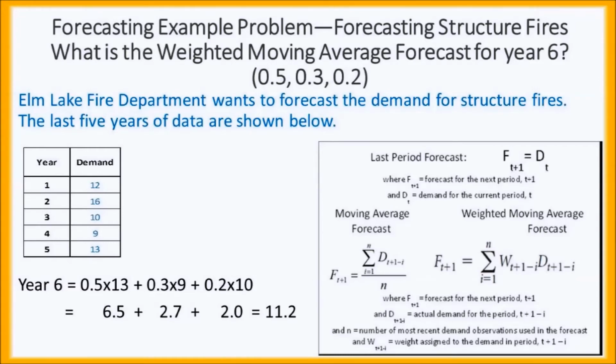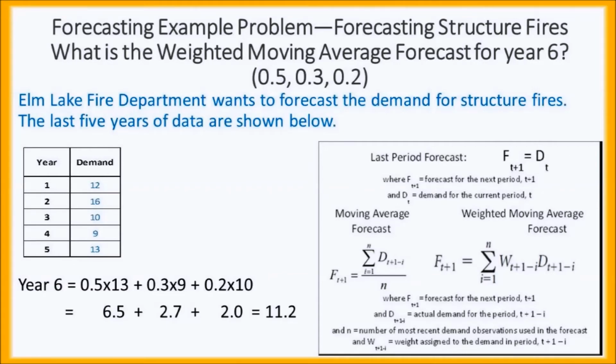So if we're currently in year 3, then year 4 and year 5 have not happened yet. We're standing in year 3, and we need to forecast for year 4. And so in that case, the most recent 3 data points would be 10, 16, and 12. We would take 0.5 times 10, 0.3 times 16, 0.2 times 12.